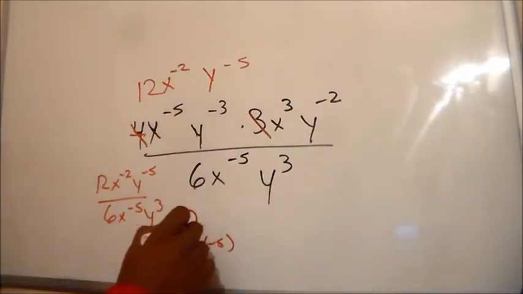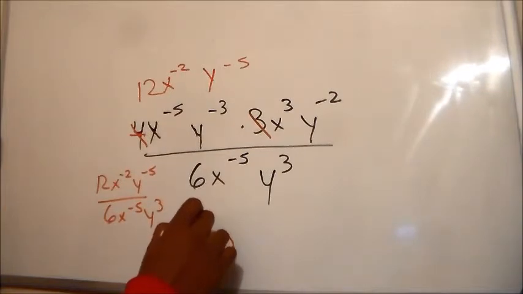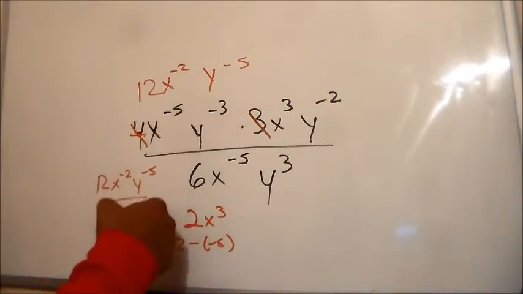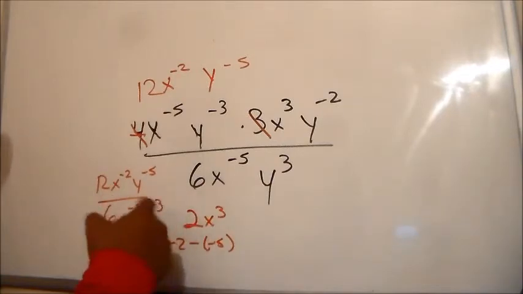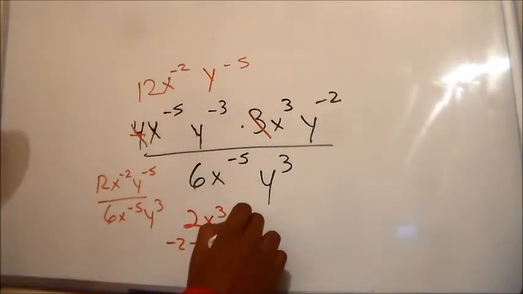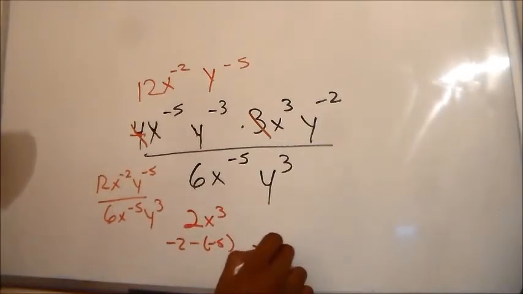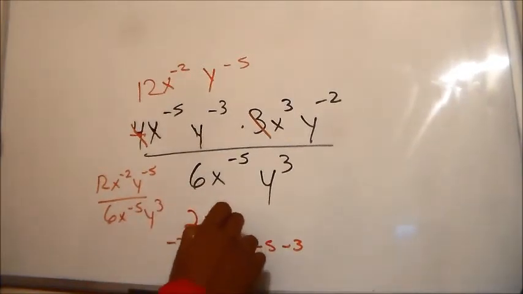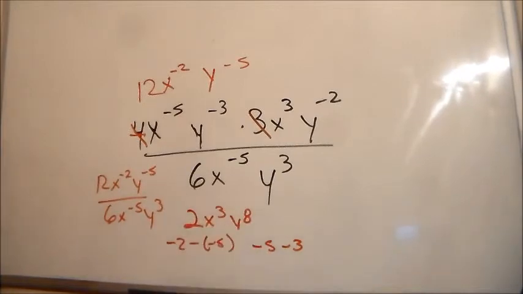Then it's going to be x to the 3rd. And then for the y we're going to have negative 5 minus 3, and so the y is going to result in 8.